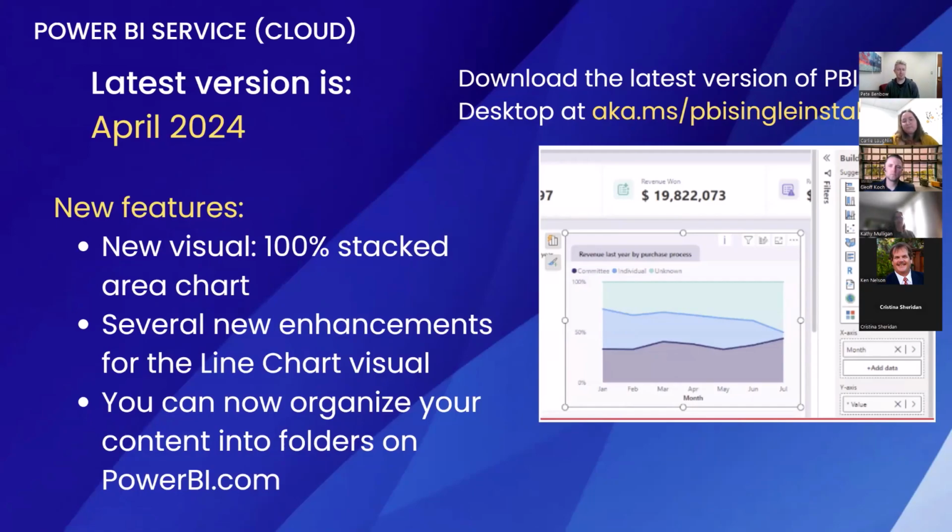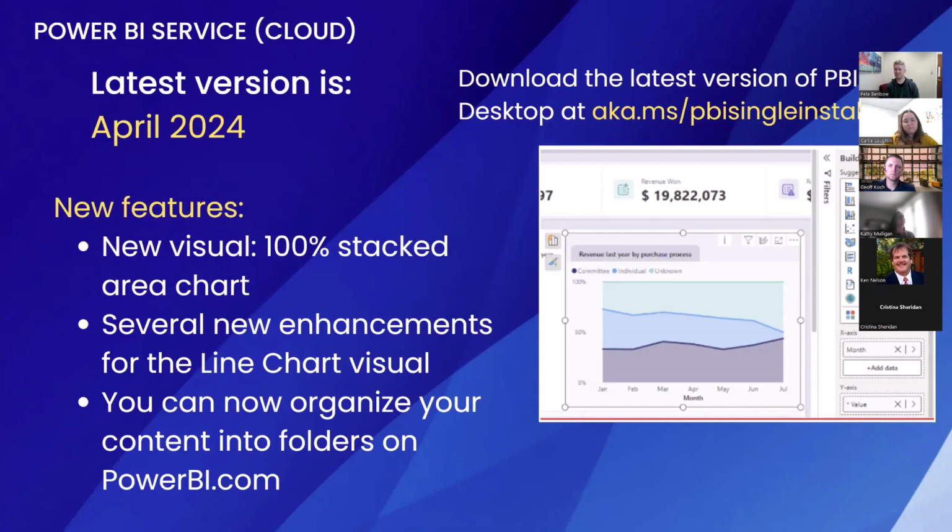There are several new enhancements to the line chart visual, which give it some interesting new variations if you want to use line charts. And you can now organize content in the Power BI Cloud into folders. That seems like a really small thing, like, ooh, folders, man, that's amazing.